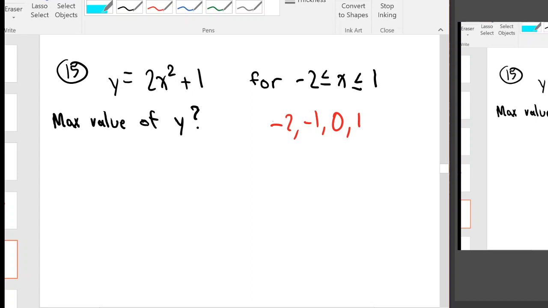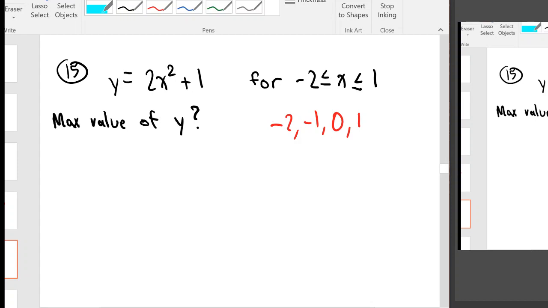You should immediately see which is going to give you the biggest value, because it's an addition problem, so that should give you a heads up. But also, you should be able to see that it's squared, so that means a negative and a negative is going to give me a positive value here.